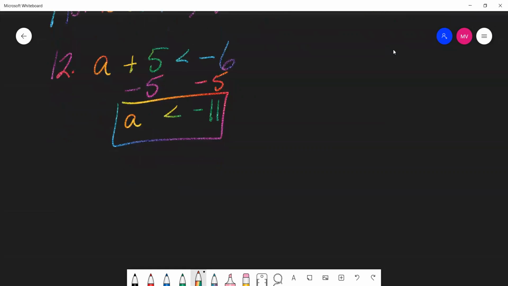All right, back to Aiden, number 14. So number 14 is negative. Lovely, you get a tough one. If I can get my pen to work. Negative y over 4 is greater than 3 is what they have us.